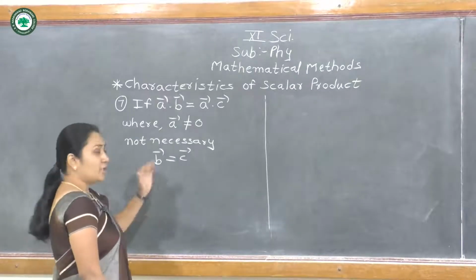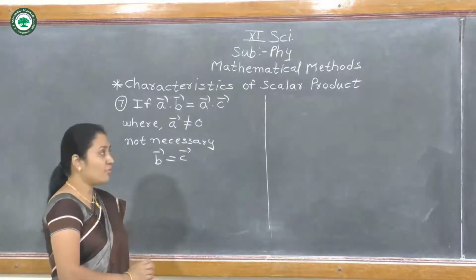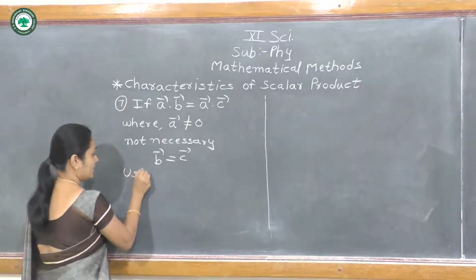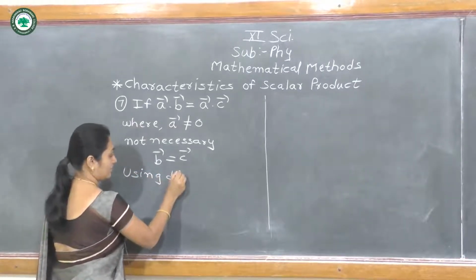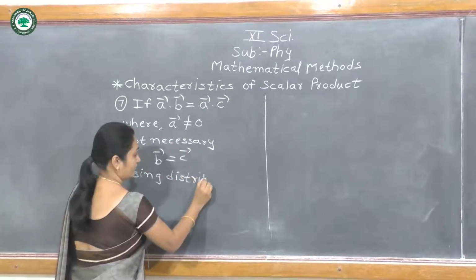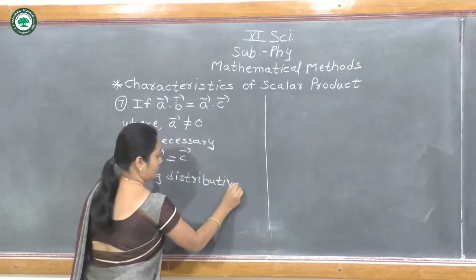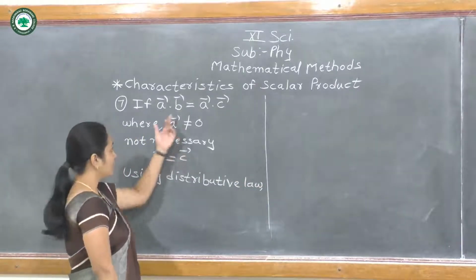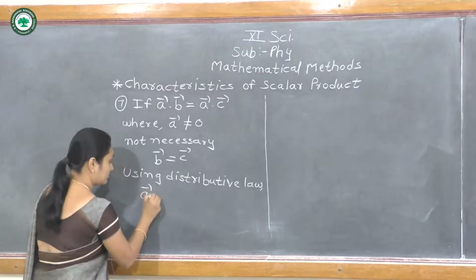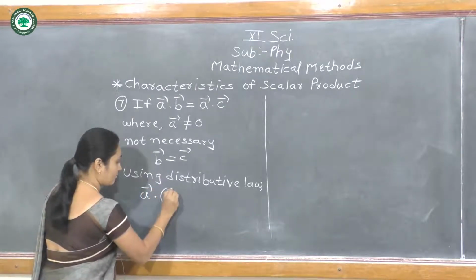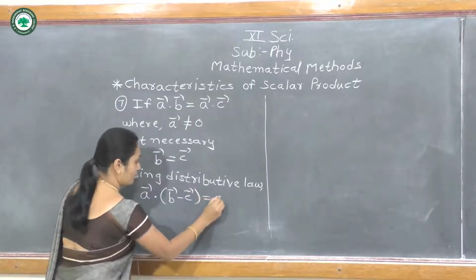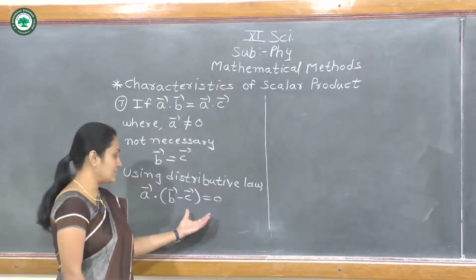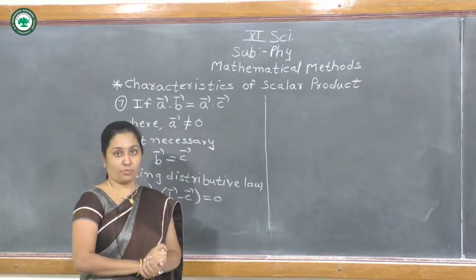So now, using the distributive law, we can write a bar dot (b bar minus c bar) is equal to 0.